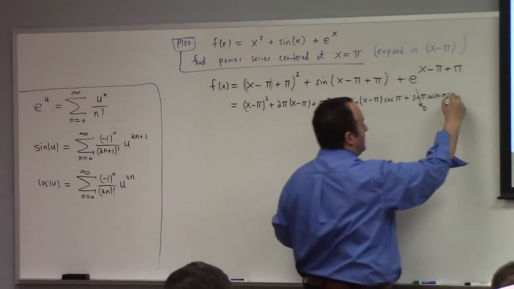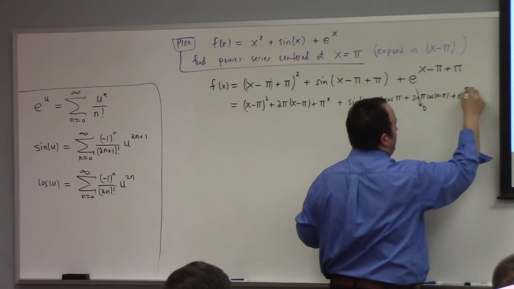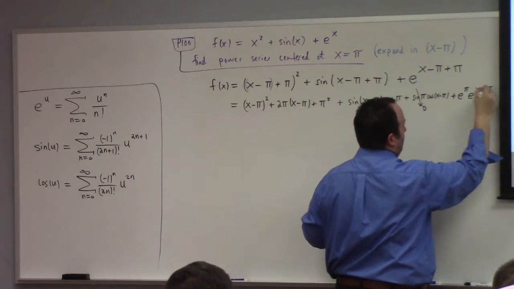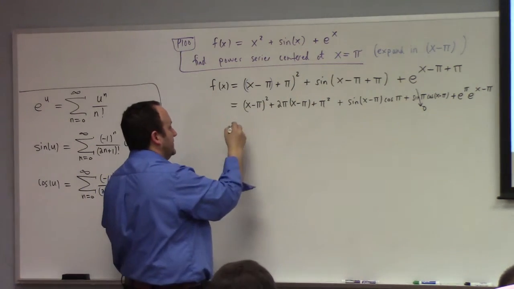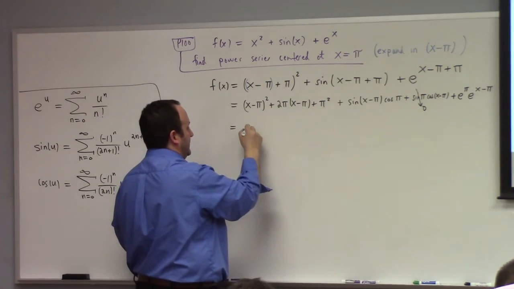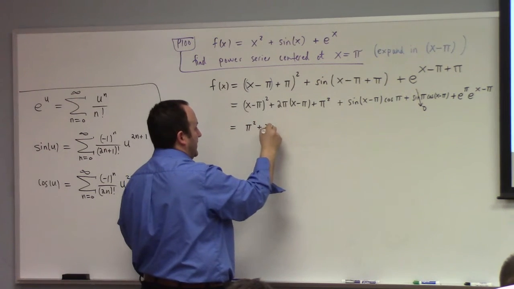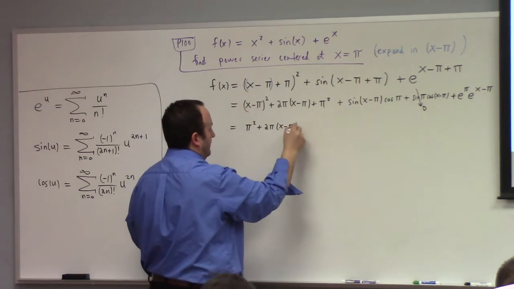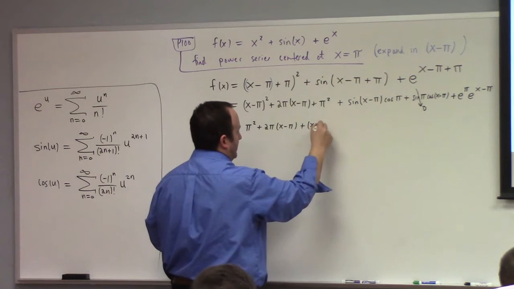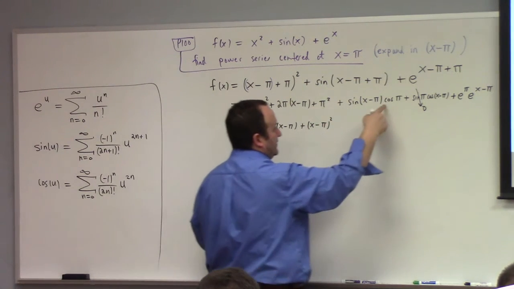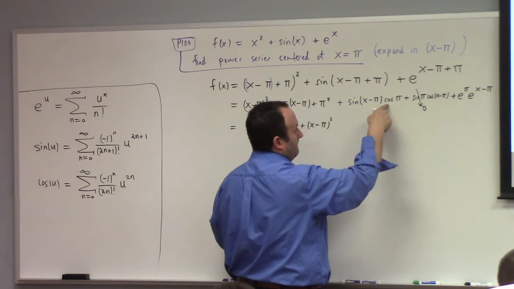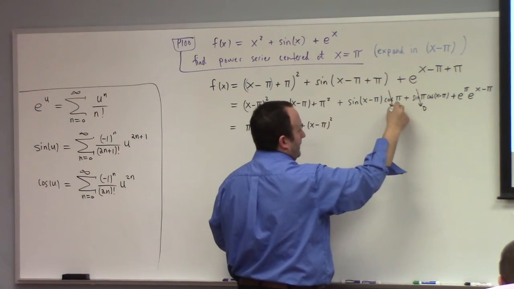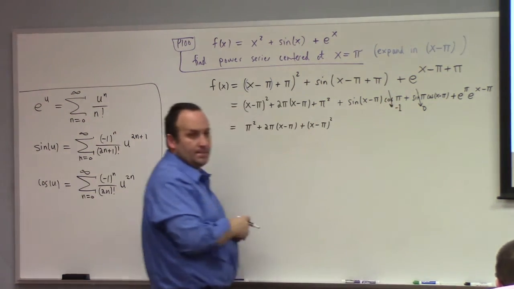This, by algebra, is e to the pi, e to the x minus pi, right? So what you're looking at here is pi squared plus 2 pi times x minus pi plus x minus pi quantity squared. What's cosine of pi? It's minus 1, right?